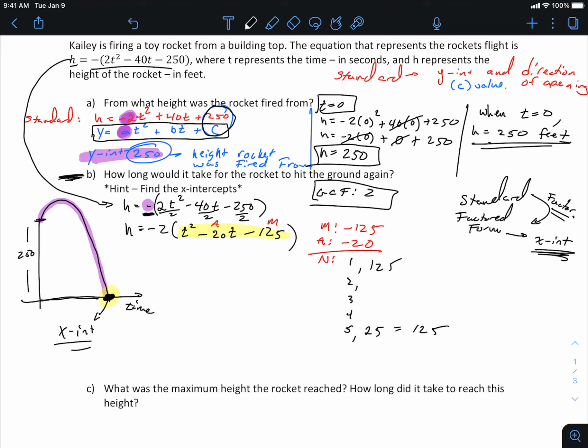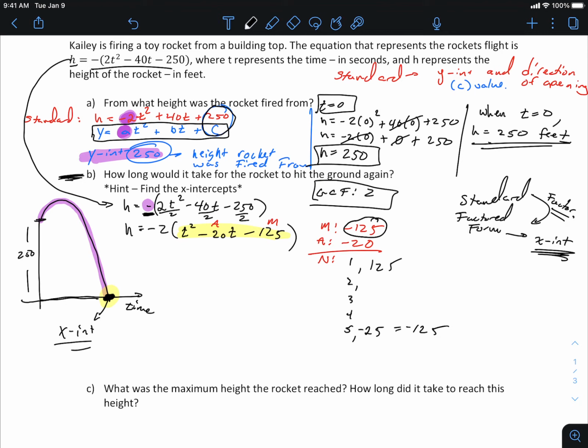But the problem is, I need it to equal negative, which must mean that one of these two numbers has to be negative, right? I don't know which one it is yet, but I know that one of them has to be negative in order for it to multiply to negative 125. So you say, okay, what if I made the negative on the 25?